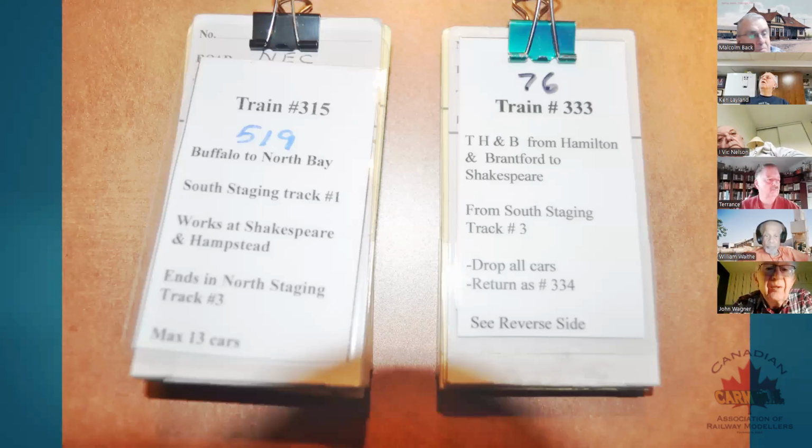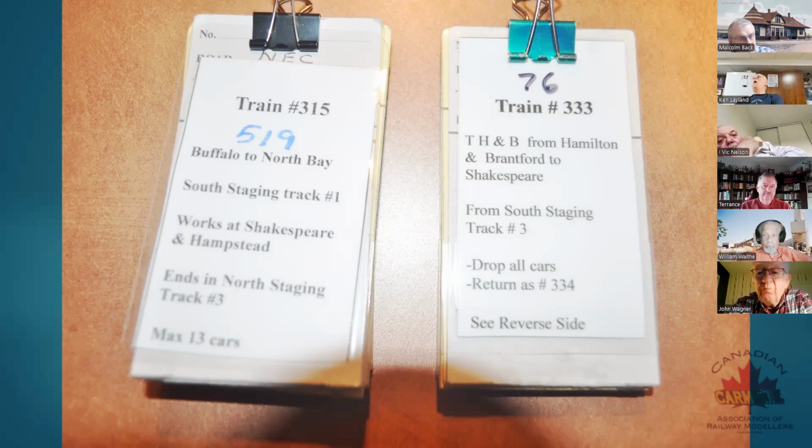There's the train cards. Train 315, Buffalo to North Bay, starts in South Staging Track 1, works Shakespeare and Hampstead, and ends in North Staging Track 3. That tells my operators exactly what they have to do. And the dry erase marker is the DCC engine number.